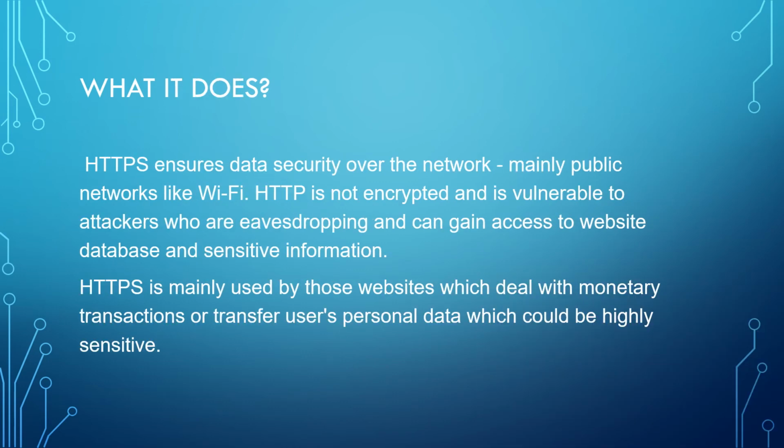What it does: HTTPS ensures data security over the network, mainly public networks like Wi-Fi. HTTP is not encrypted and is vulnerable to attackers who are eavesdropping and can gain access to a website database. Say they hack into a site and get all the card information, like, let's say, Sony PlayStation.